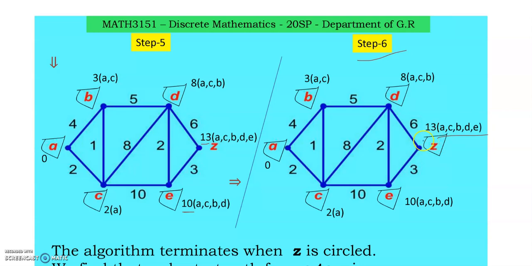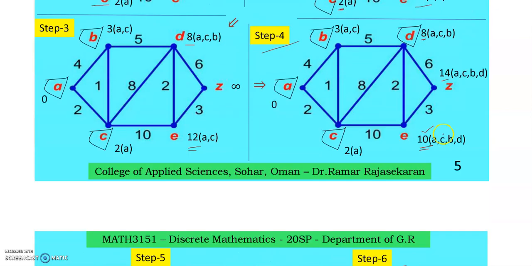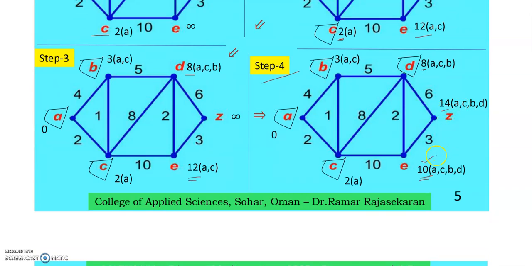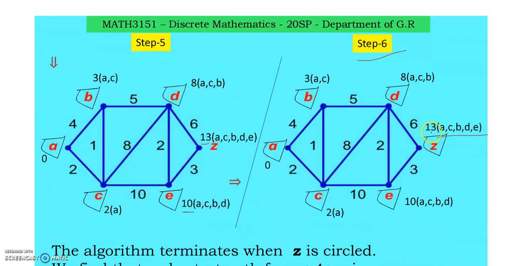So I can make the circle. That's why I make a circle here on Z, which means we have completed the process and we found the shortest path also, because the previous value was 14. Now here with 13 we have completed the shortest path A, C, B, D, E.